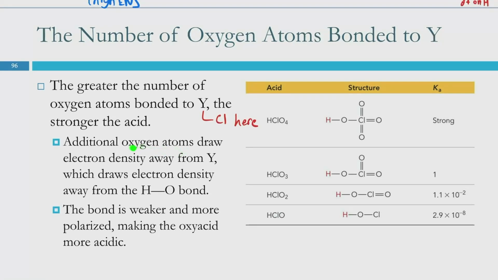So in this case, those oxygen atoms are grabbing more of the electron density from our Y, and that's going to result in more electron density being pulled from our H+. So we'll draw these as smaller and smaller arrows.